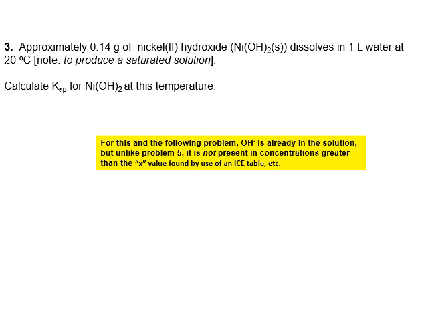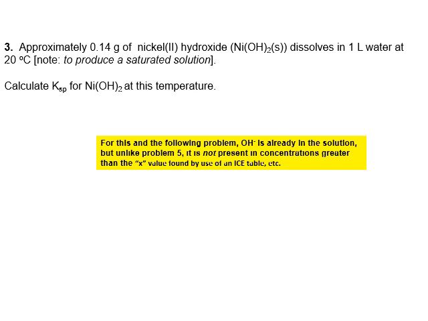So in this case, it's for the nickel 2+, because there's a 1-to-1 relationship between nickel hydroxide and the nickel. Every time nickel hydroxide breaks up, it produces 1 nickel. So the concentration at equilibrium of the nickel 2+ will equal the solubility.